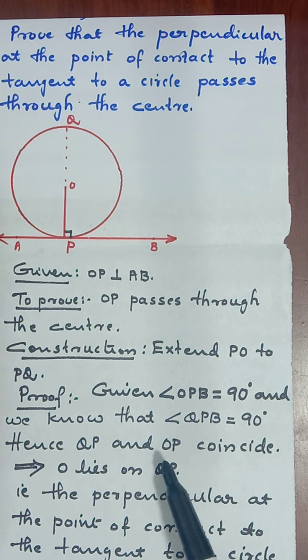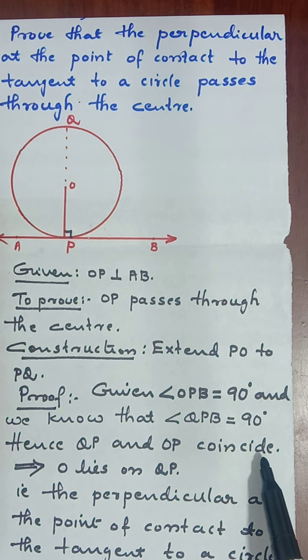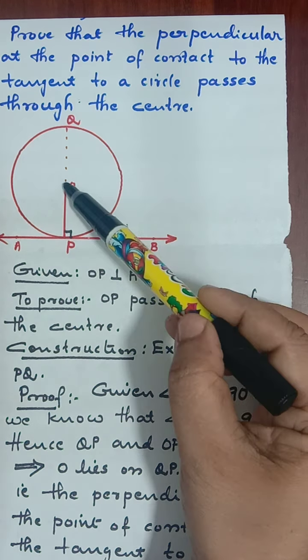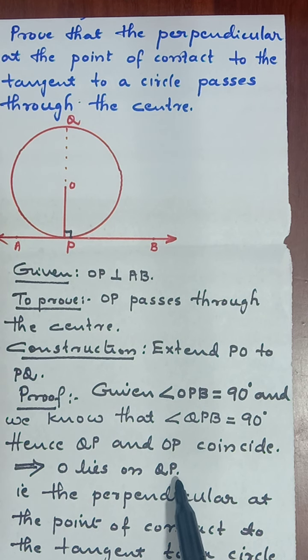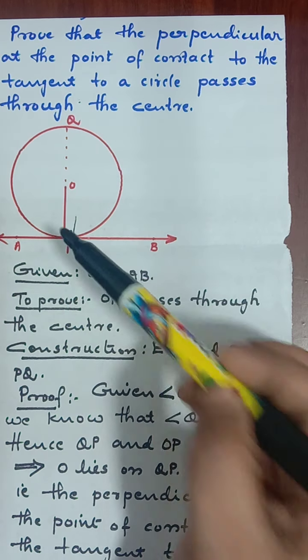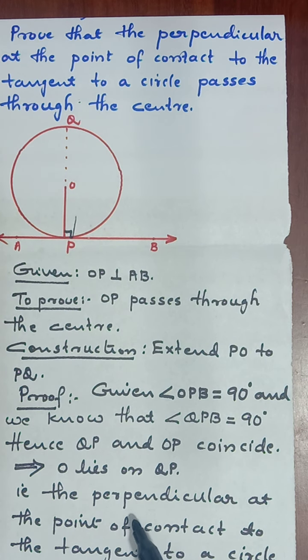That means QP and OP coincide. That is, O lies on QP. That means the center is lying on the perpendicular. Okay. That is, the perpendicular at the point of contact to the tangent to a circle passes through the center.